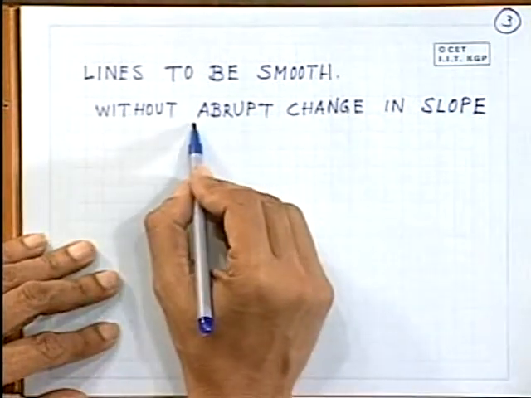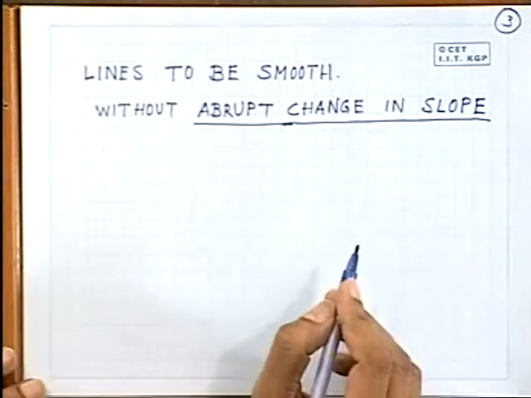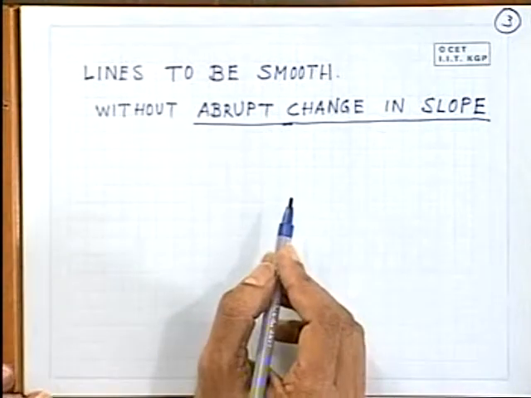So this is very important. Abrupt change in the slope at a particular station or at some station is to be avoided at any cost.